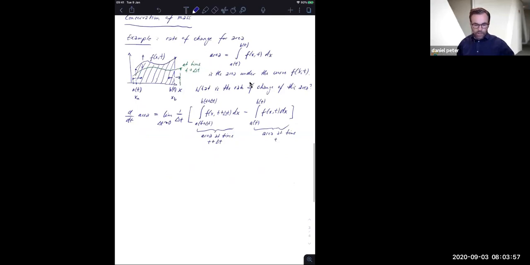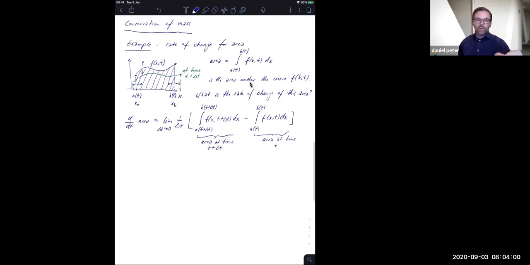You see we have not only the function itself, the curve f of x and t, which is time dependent, but unfortunately also the boundaries, the positions A and B, are time dependent. We have to take that into account as well when we take the derivative. There's not only the area under the curve f, but obviously also the boundaries, which affect the rate of change of the area, through how these boundaries move.